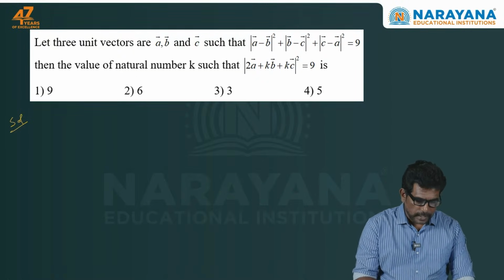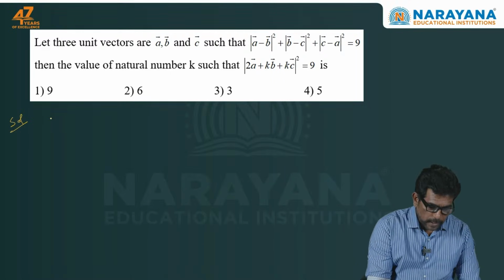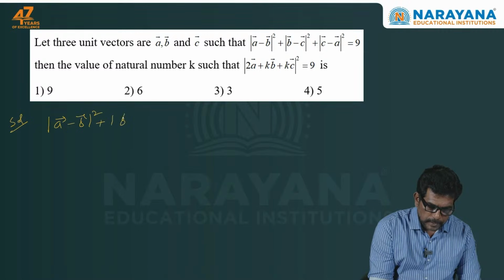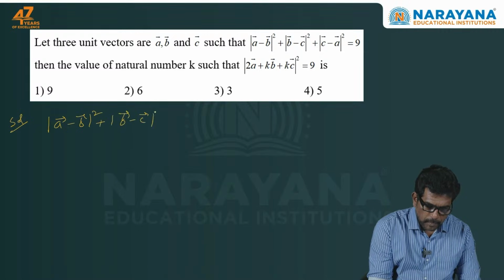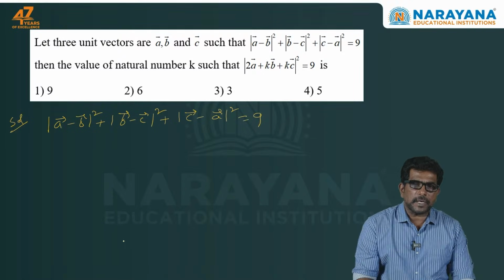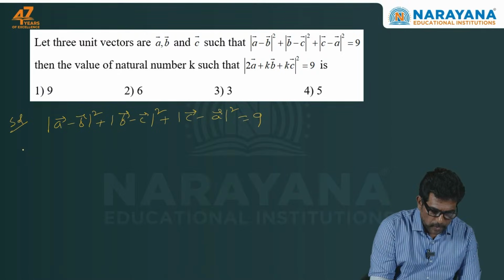The first one, the given condition is mod a bar minus b bar whole square plus mod b bar minus c bar whole square plus mod c bar minus a bar whole square is equal to 9. Now, we have the formula for mod a bar minus b bar whole square.